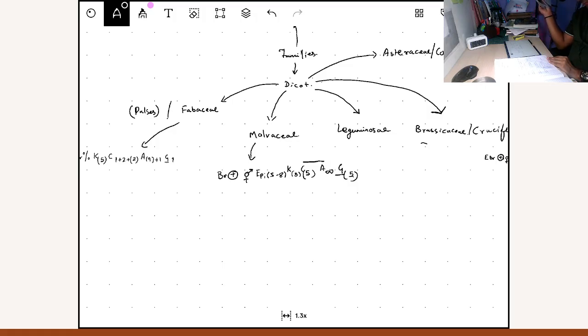We have a gynandrous one, in which no, we don't have gynandrous one. We have epipetalous one, 5 to 8 is epipetalous. But they're like all joined together, I guess. That is C. Do not mistake that for a G.